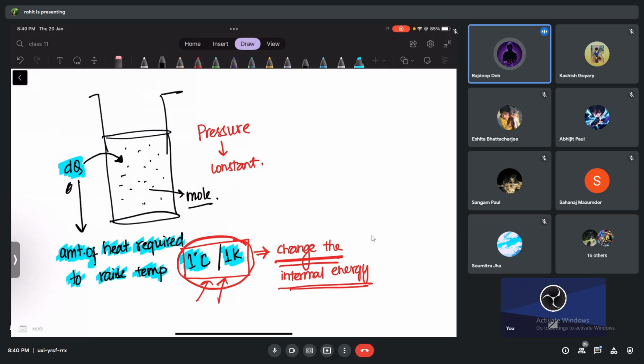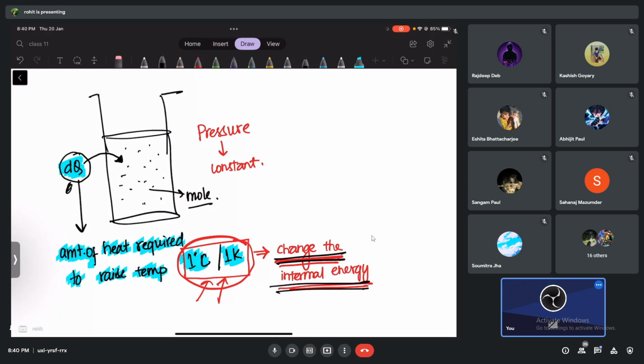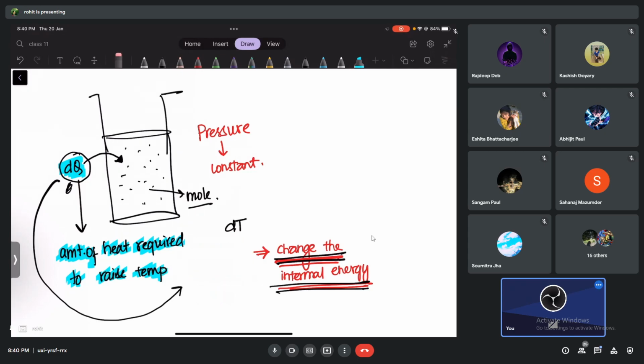Cannot be changed. You have to change the internal energy by dQ amount. Then only you can change the temperature by 1 degree. Or I can just take any temperature change, let's say dT, no problem. I don't want to take 1 degree, no problem.